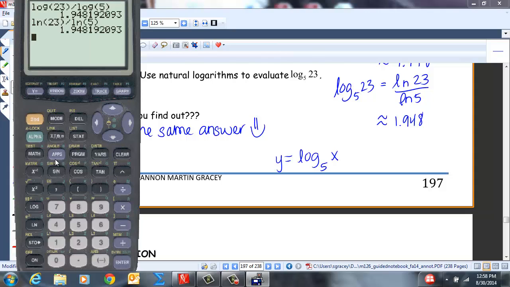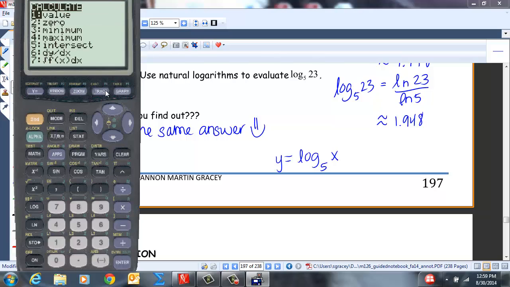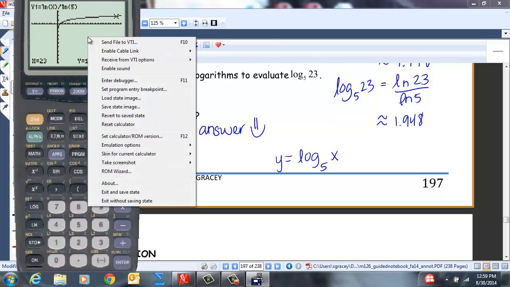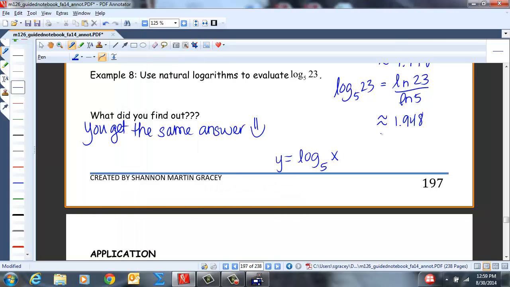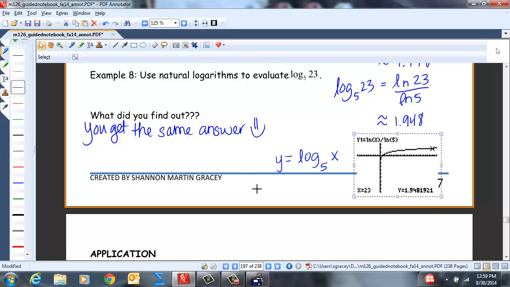Okay. Graph. Third time's a charm, right? Second, calculate value, 23, enter. And look, that's what we got. Finally. Okay, so now you know how to graph a log function that has a base other than 10 or e.